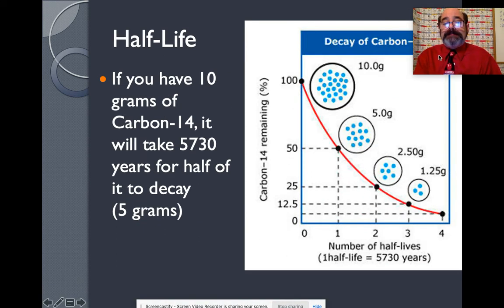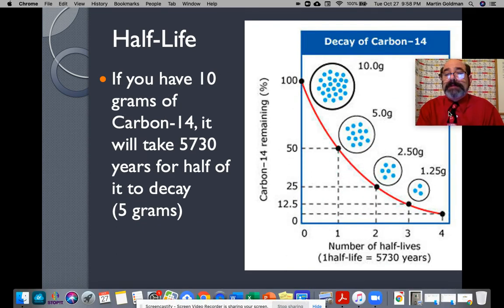Okay, next. So once again, just as I said before, if you had 10 grams, it would take 5,730 years to be exact for it to decay by half. Based on this curve, you can actually figure out how old something is by carbon dating.